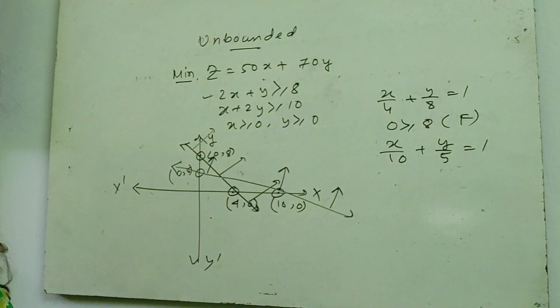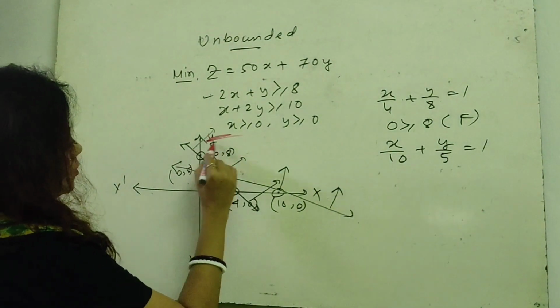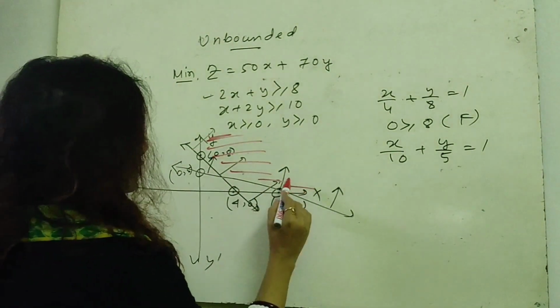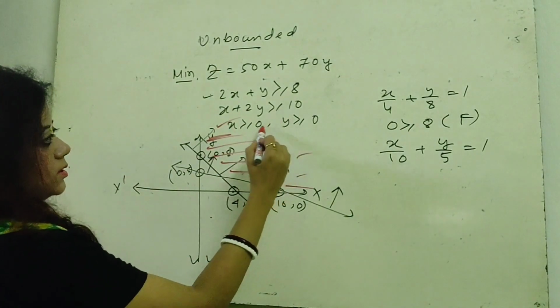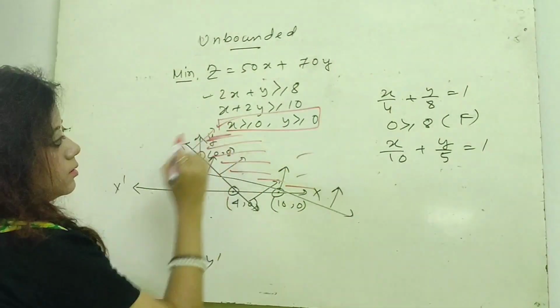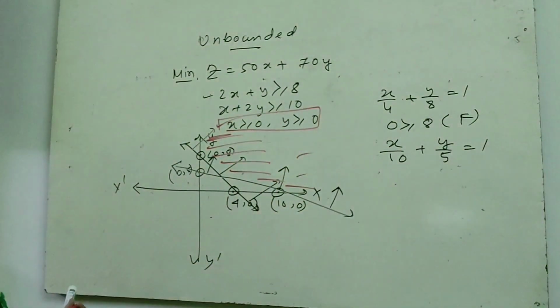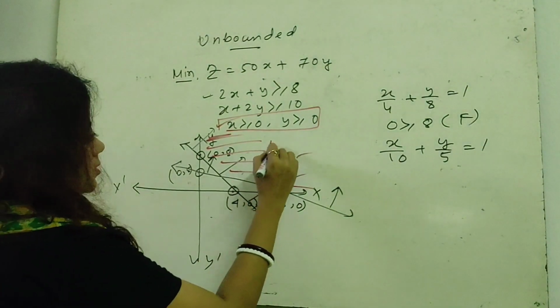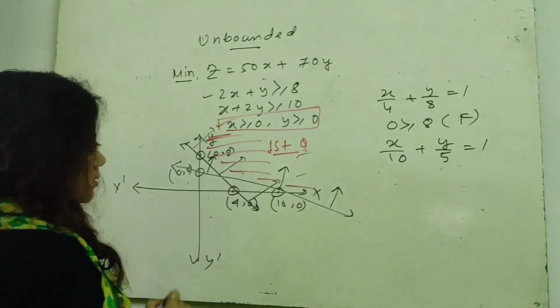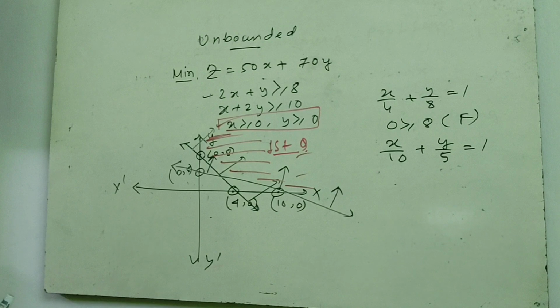So the solution region is unbounded. See, this is the portion where all the arrows are going, and these two confirm that the solution will be in the first quadrant. It is always in the first quadrant.